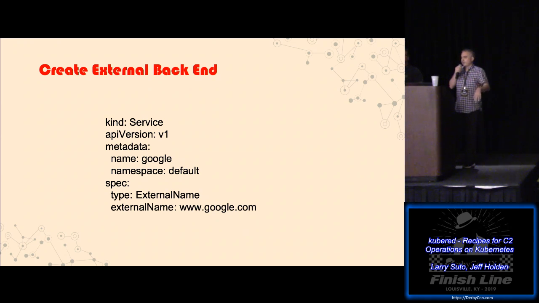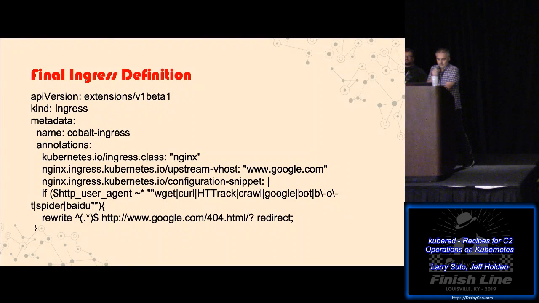Then if you want to do sinkholing, you'll have to create a backend, and that's something outside of the cluster. So if something doesn't match on the ingress inbound in your filtering rule, then you can send it to what's called an external name, and this would be something like google.com. Then this would be the final definition.